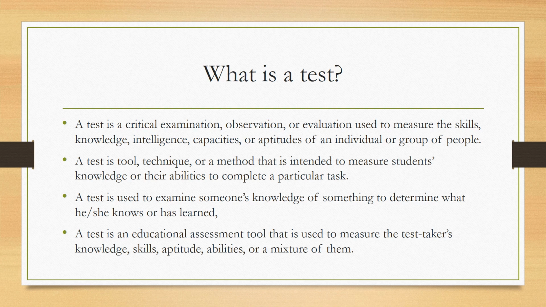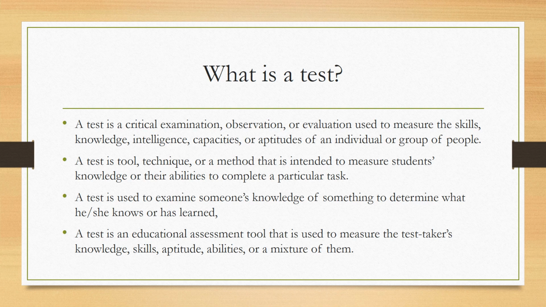Okay? Or has learned. Has learned means that you are going to make a test at the end of the course to measure what your students have learned from the course. Okay?